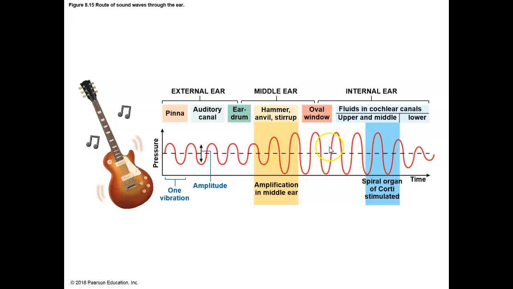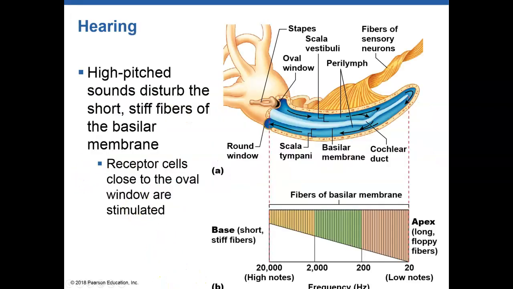This enters the inner ear through the oval window, and the vibrations cause the, sorry, the basilar membrane within the organ of Corti to flutter, and that causes the hair cells to bend. And then the vibrations exit through the round window and out through the eustachian tube.